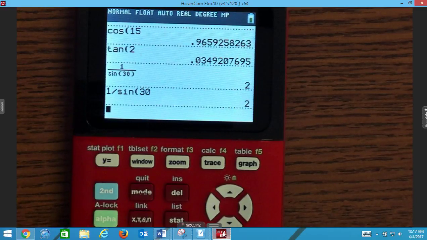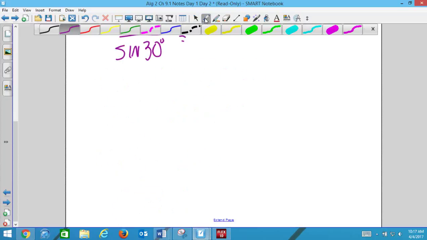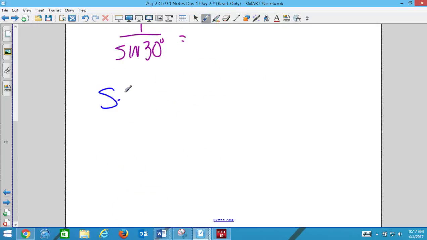So using that, how would we find the secant of 67 degrees? What would I type in my calculator to find the secant of 67 degrees?